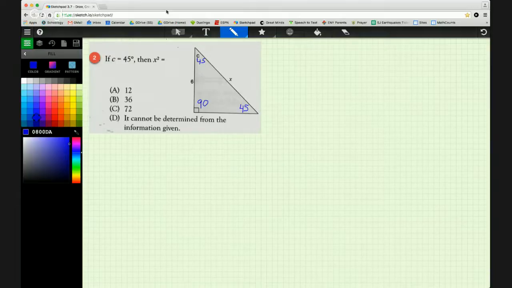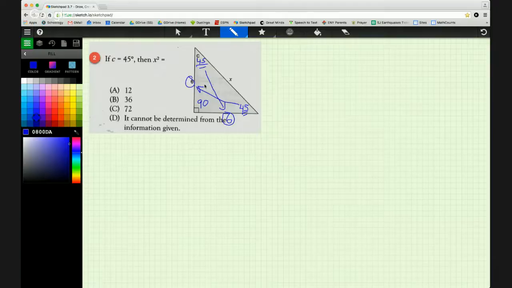The other interesting thing is that if this angle is 45 and this one's 45, you know that you have an isosceles triangle. You know that the two sides opposite these 45-degree angles must be the same length. So if this side is 6, then this side must be 6, because this is a 45 and this is a 45. If this side opposite is a 6, then this side opposite is a 6.